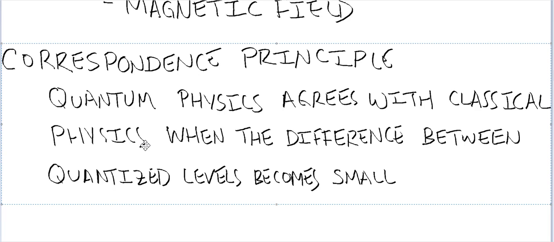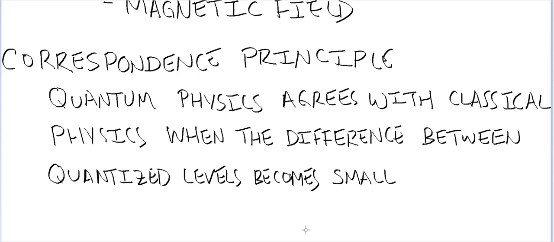And so quantum physics should agree with classical physics if the difference between quantized levels becomes small. So in the event that the discrete levels start to get close enough that they can be approximated as continuous, quantum physics should start to look a lot like classical physics. That's what this means. So hopefully that's all right.